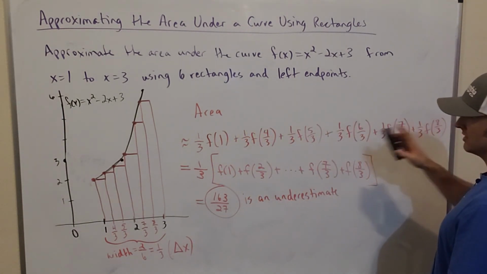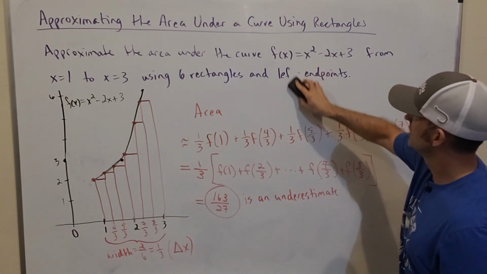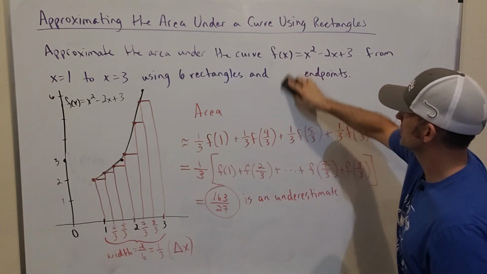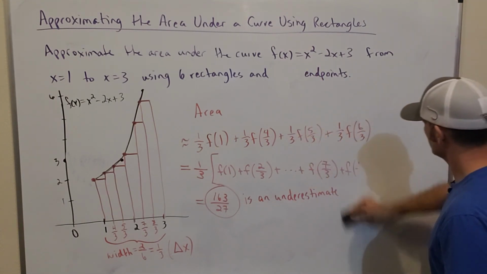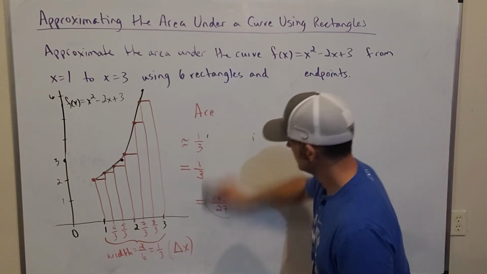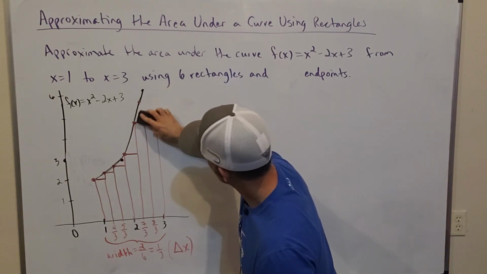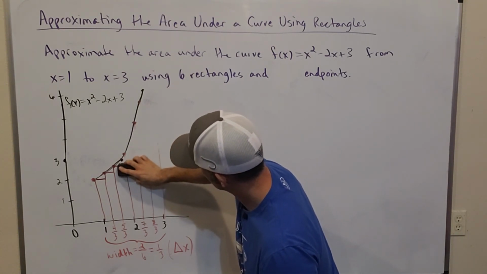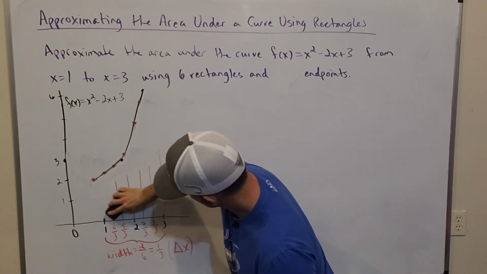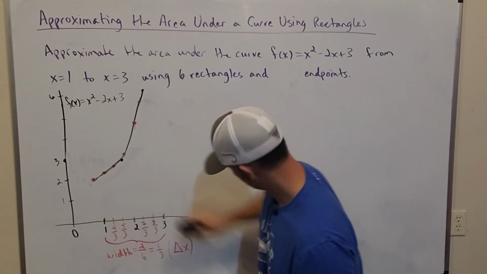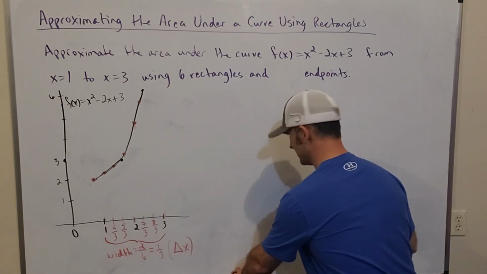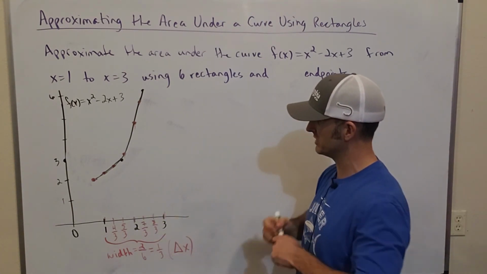Now, let's change the problem using right endpoints. We're not going to work out the details now because it's the same way every time, but we might as well look at all of this while we're here. So I'll be drawing a new picture now, new rectangles. Since we're using 6 rectangles, the x values at the bottom will stay the same.